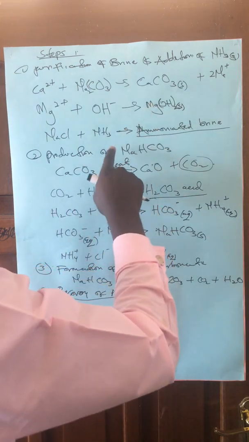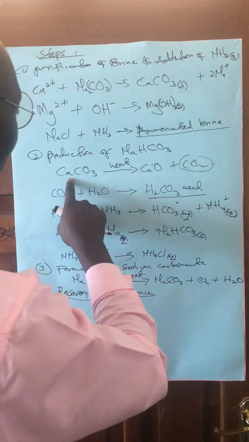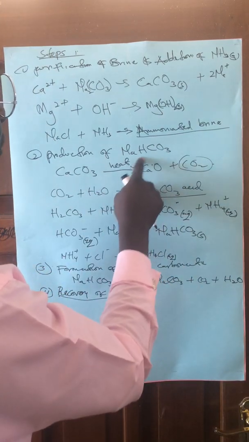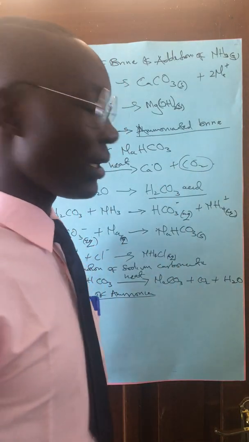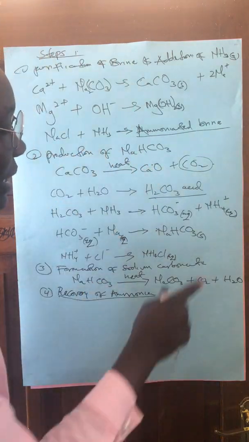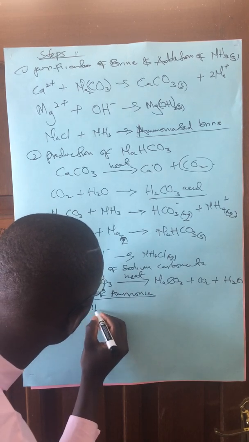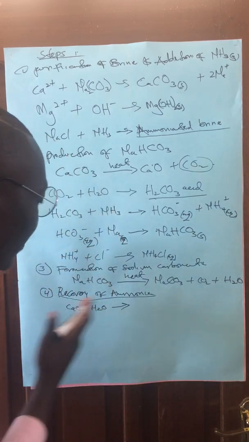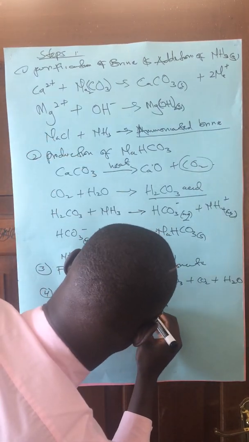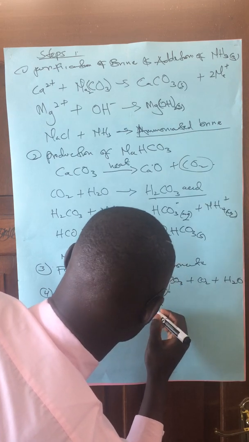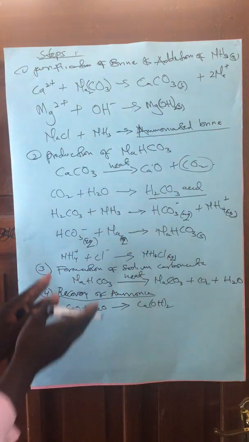As you can see, when we subjected heat to limestone, we were producing calcium oxide, which is quicklime. This calcium oxide is going to react with water, calcium oxide plus water, to form calcium hydroxide, slaked lime.